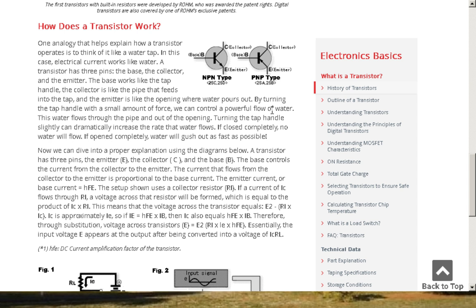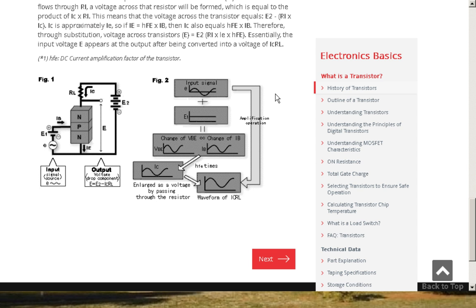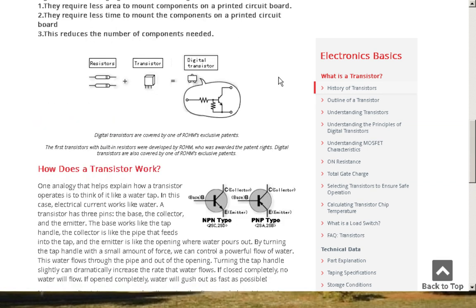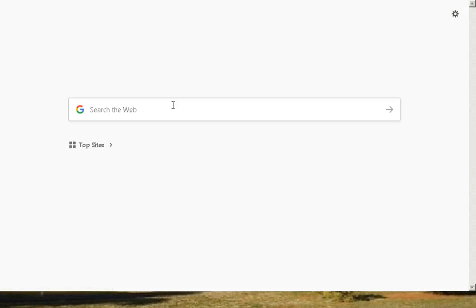That's the little nomenclature to remember that. So basically, you provide what's called a bias, and let's see, we'll look up transistor circuit.